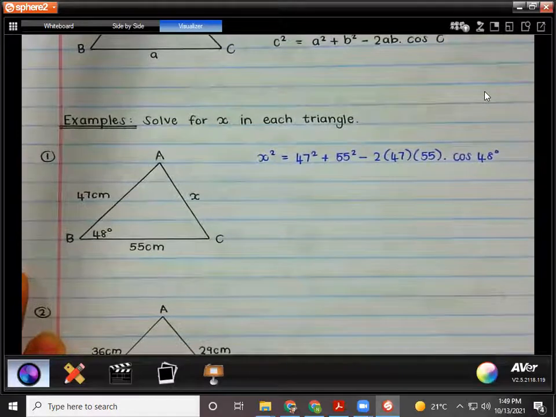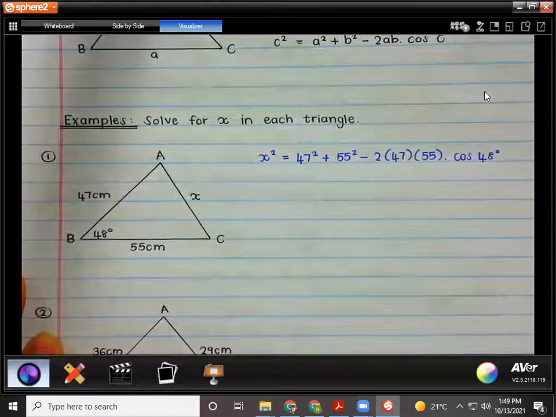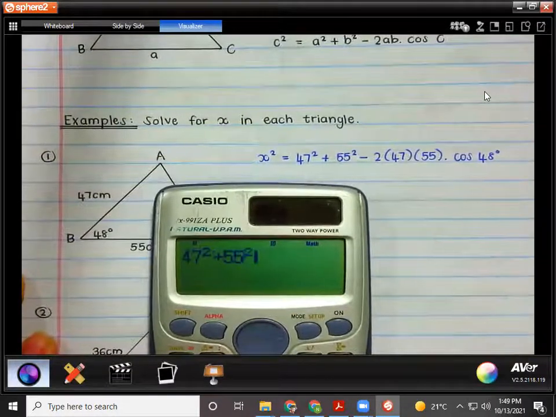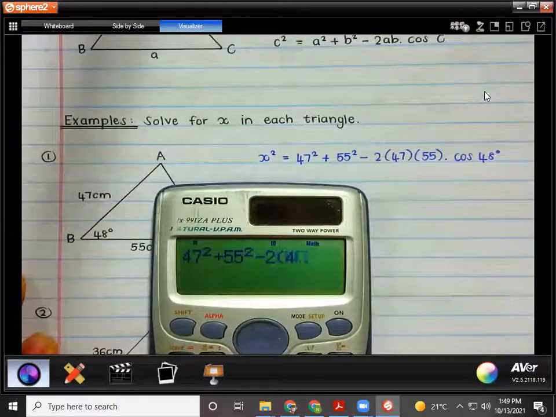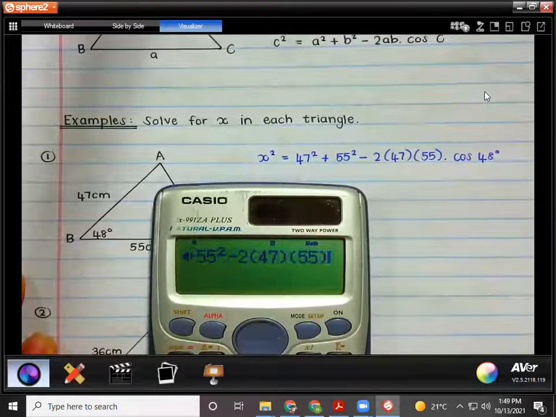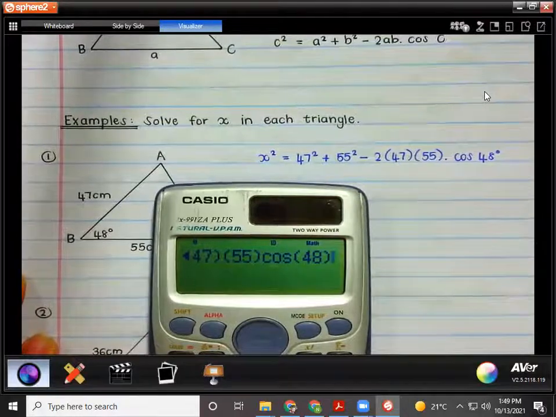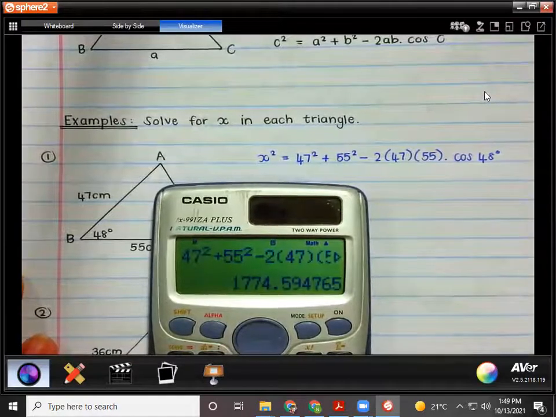Then you'll type that into your calculators. And you get that value.